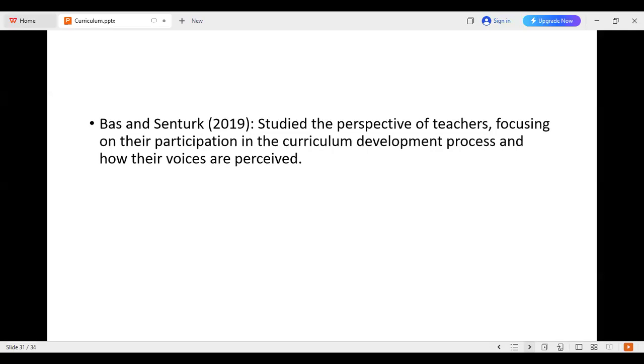According to the new view, the curriculum development process approach should be a bottom to top approach. We have a top to bottom approach, but the new reforms, new writers, expect that the teachers' participation and student participation in the curriculum development process is important because they are the people implementing it finally in the classroom.